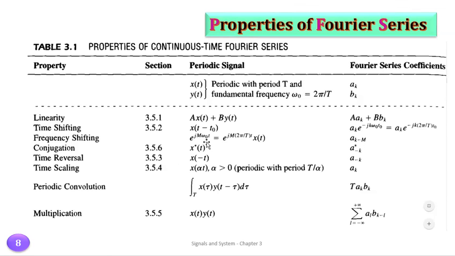Right? For example, let's say your a5 of a function of e to the power of j omega naught t, if it was a certain value, let's say it was 10, and a3 was 2, if you multiply your x of t by e to the power of j m omega naught t, your a3 is going to be the coefficient of the previous one.